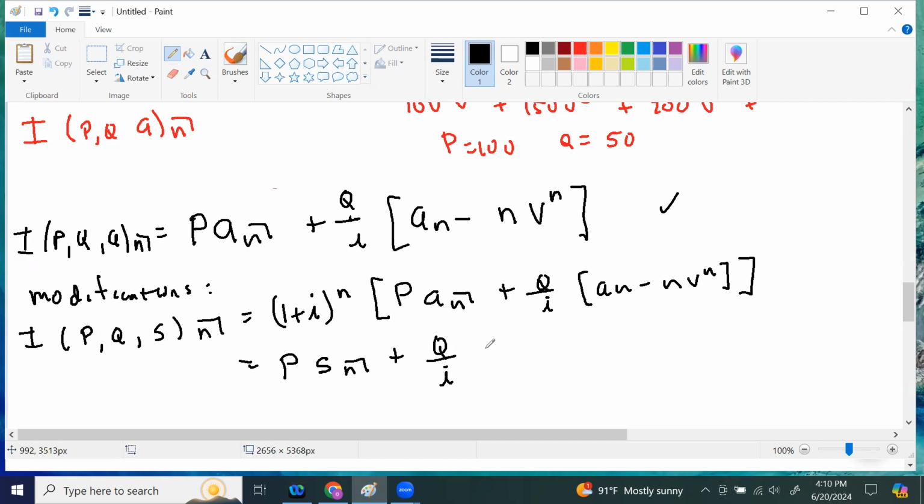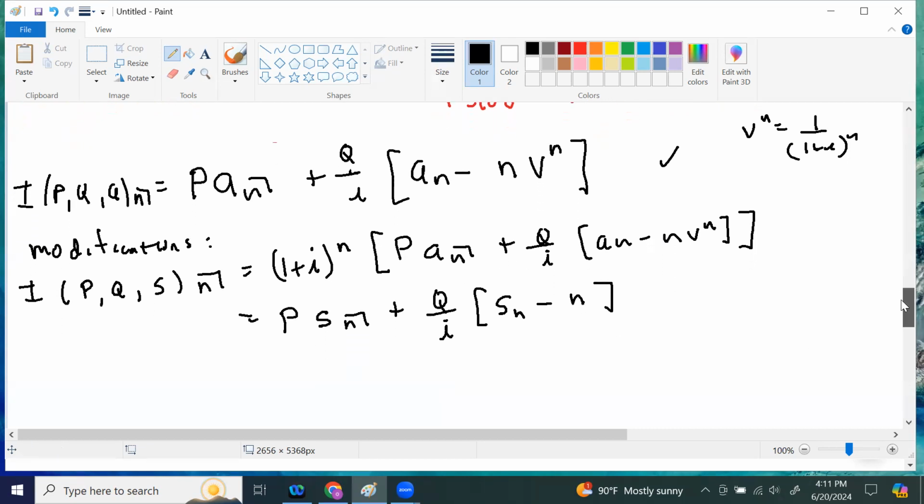When you distribute this here, that just becomes S sub n. Now, remember, V sub n is just this. So when you multiply it by 1 plus i to the n, you're pushing the value into the future. So this just becomes an S sub n right here, and that's the formula that we have in this text. So it's not a big deal there, right? So that's the first modification.